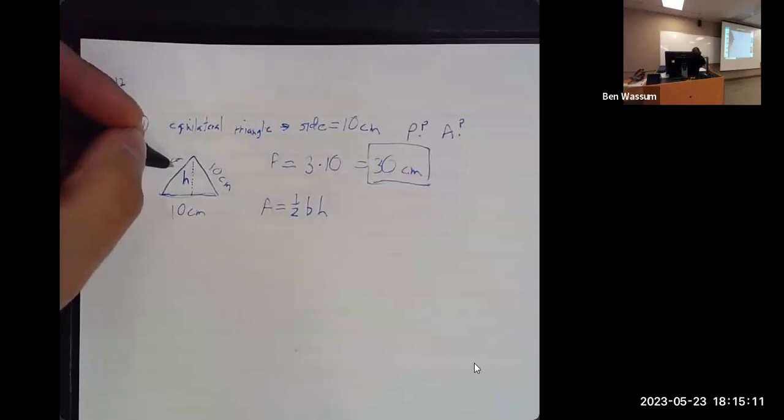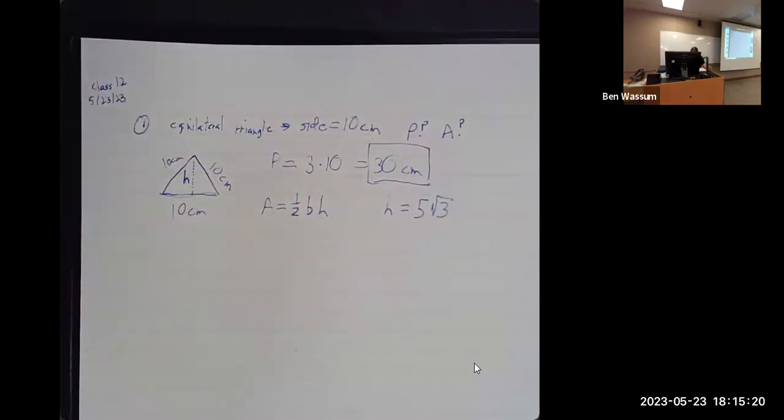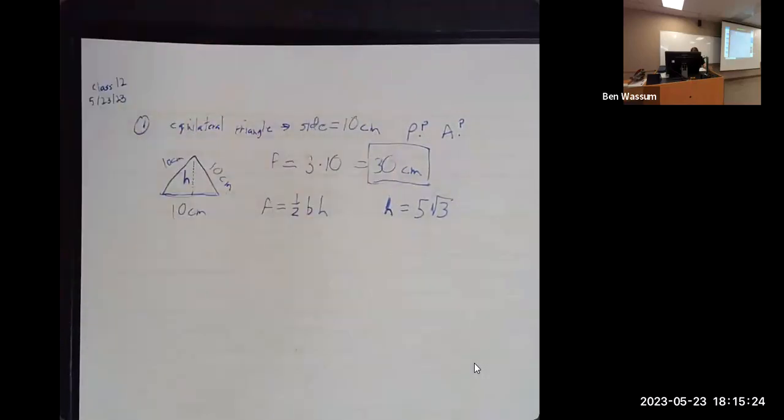Just for the sake of this problem, I'm going to say the height is 5√3. Normally, you would have to find it yourself using something called the Pythagorean theorem. I do have that in a couple of slides.